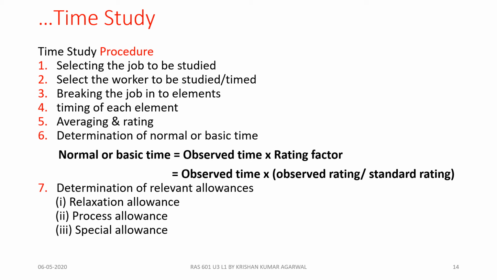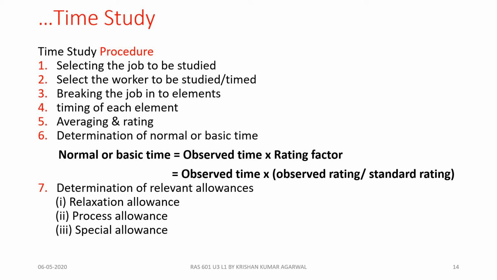Standard rating is the term used as the standard basis point. It can be taken as 100, or some other number can be used in order to rate the worker's performance.